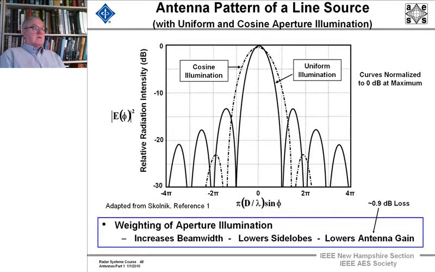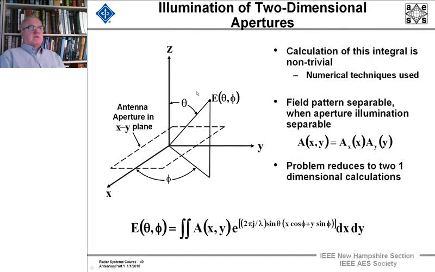Isn't that neat? The weighting of the aperture illumination increases the beam width, lowers the side lobes, and lowers the antenna gain. And the antenna gain at the center is only 0.9 dB lowering things. So people just pretty much don't use uniform illuminations, they use cosine. There's a number of them they use.